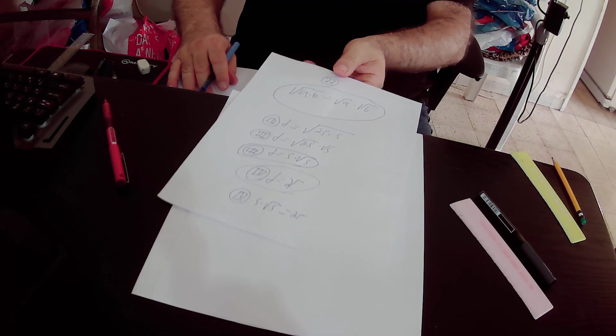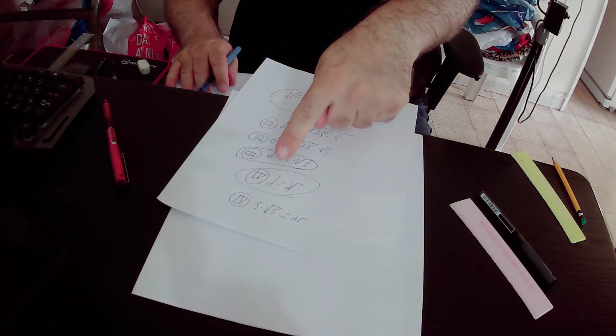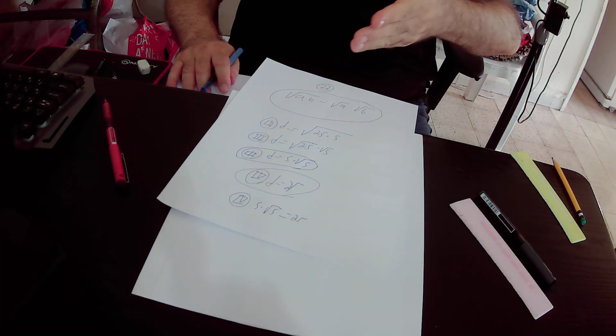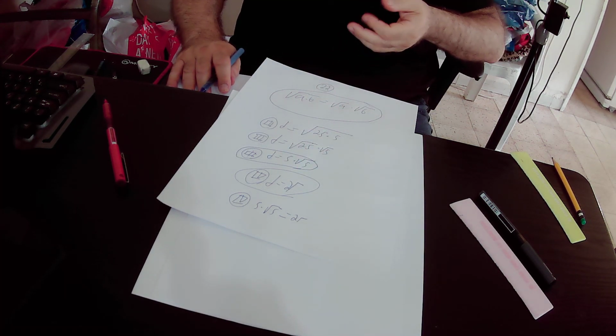We got that 5 times root 5 equals 2 times the radius.